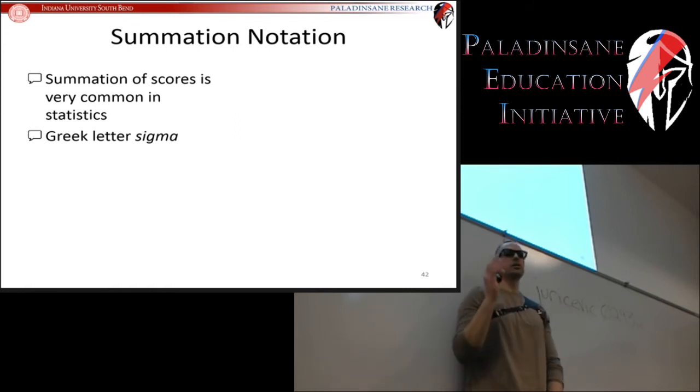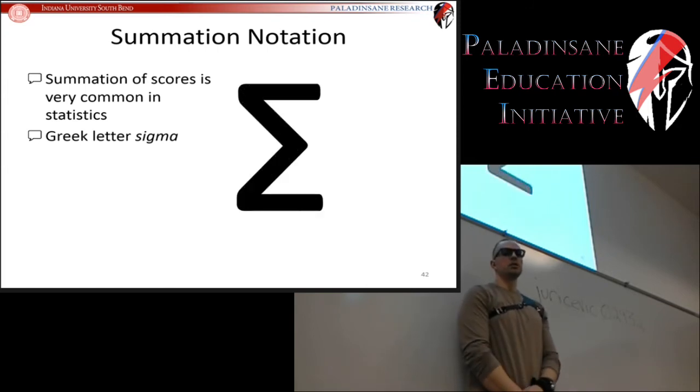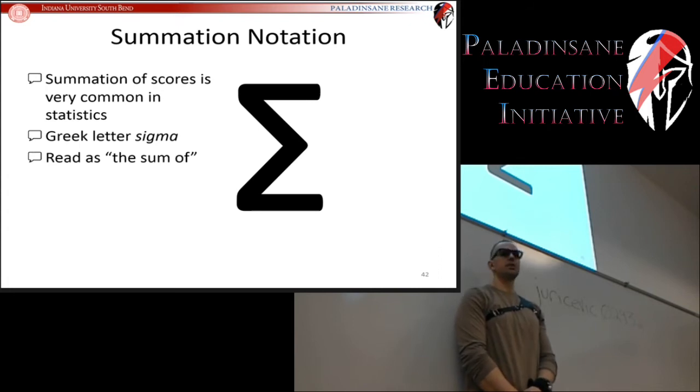So it's so fundamental that it gets its own symbol. It gets the Greek letter sigma. So once again, do not read that as the symbol's name. Do not read that as sigma. Read that as the sum of. Every single time you see that sigma symbol, I want you either in your head or out loud, I don't know how you read, but however you do, read it as the sum of.